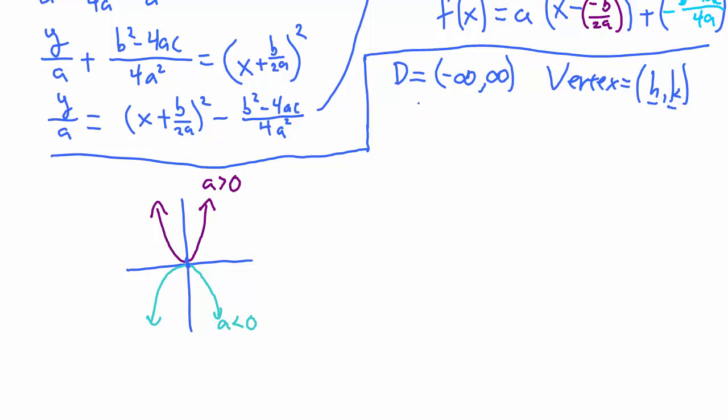And so because of this, the range, if a is positive, it is from the y value going up. So it's going up for when a is positive. So the range would be the k value to infinity.